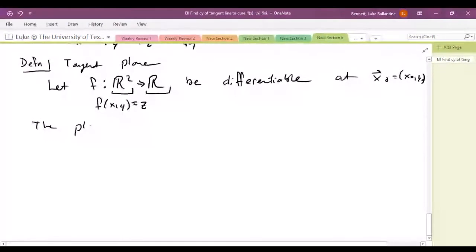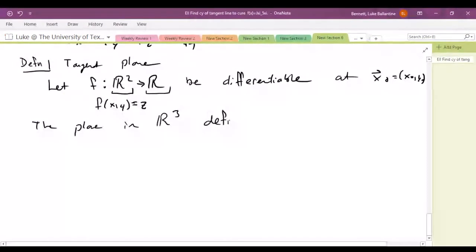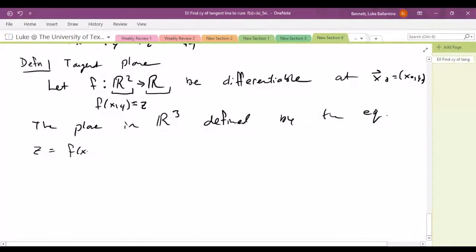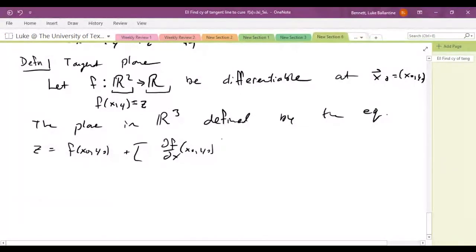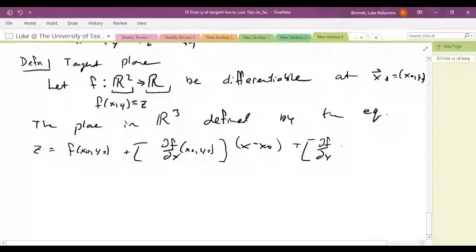The plane in R3 defined by the equation z is equal to f of x naught, y naught, plus the partial of f with respect to x at (x naught, y naught), times x minus x naught, plus the partial of f with respect to y at (x naught, y naught), times y minus y naught.